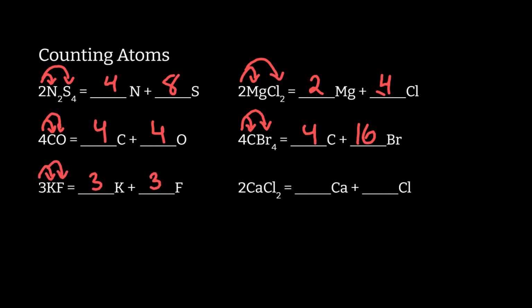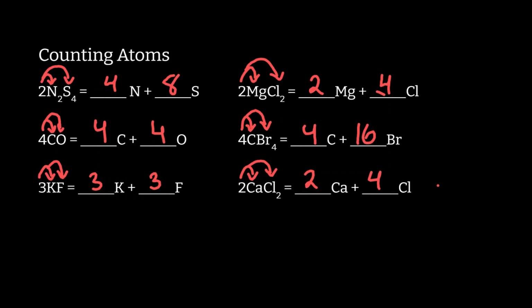So 3 potassium and 3 of the fluorine. Taking a look at the last example on this page, we have our 2 calcium atoms with that coefficient out front. Originally, we have 2 of the chlorine, but that coefficient of 2 will multiply it. So we'll have a total of 4.